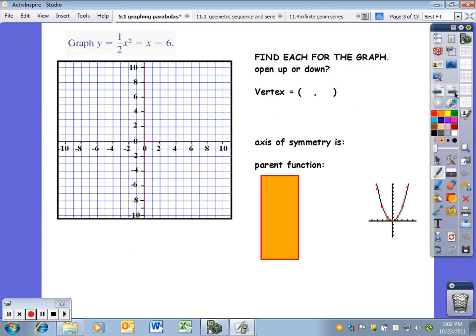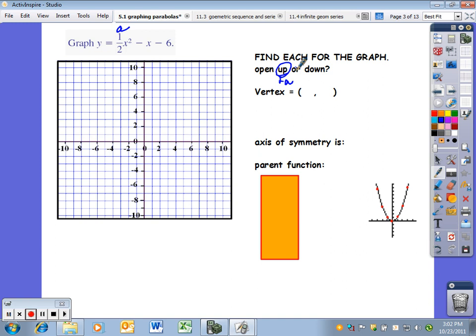So let's try our first graph. Y equals 1/2 x squared minus x minus 6. And we should always ask ourselves these questions. Since a is a positive 1/2, will the graph open up or down? Positive a's open up. It's in standard form.